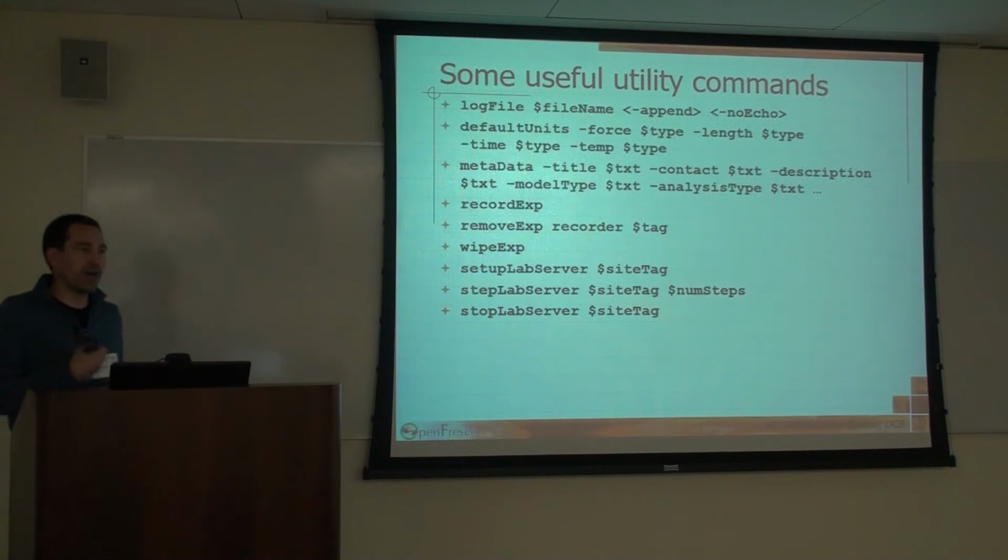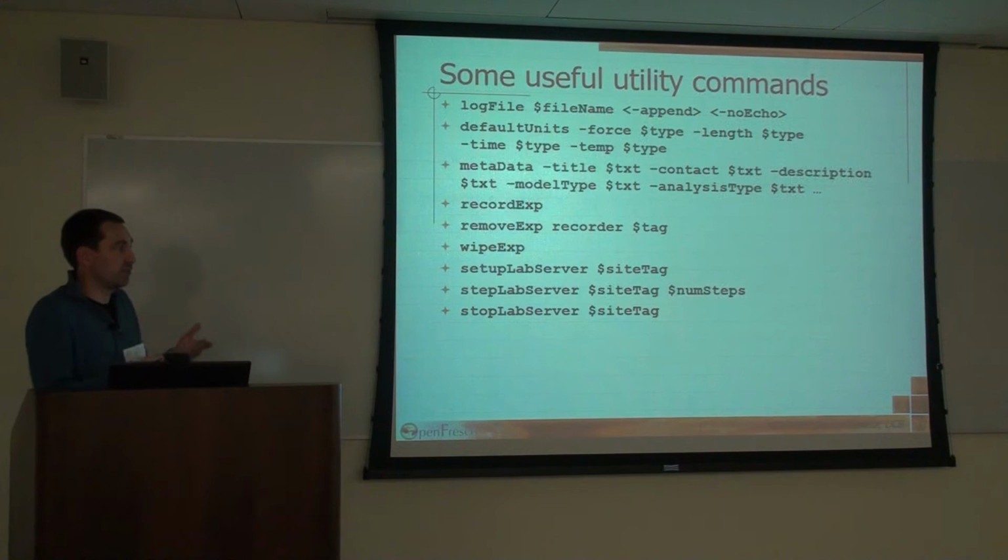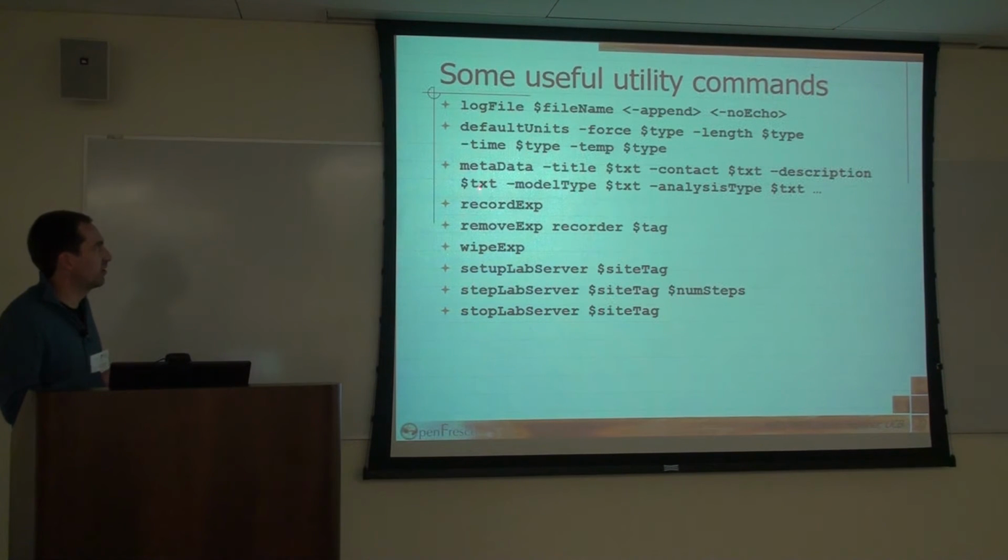That allows you to access all the units just by typing, so when you create your commands you can do your unit calculation directly. You can also add metadata, giving your test a title, a contact, a description, and so on. We also have a new command to record: when you want to do a single recording instance at any time, you can execute a record experimental command, which then records all the experimental data.